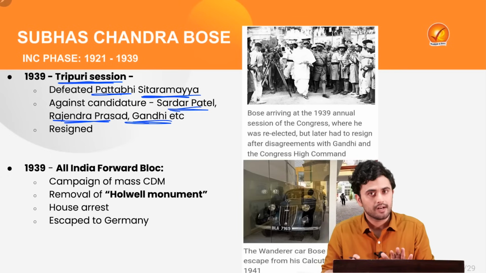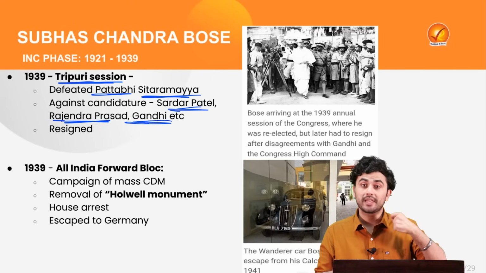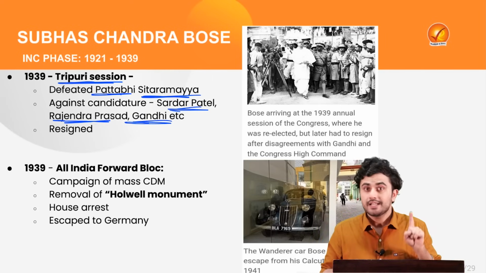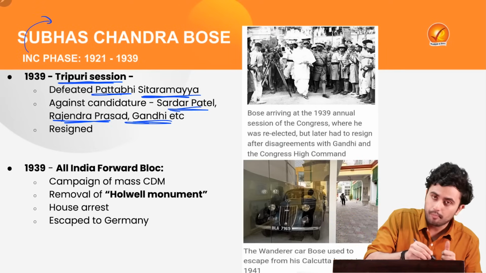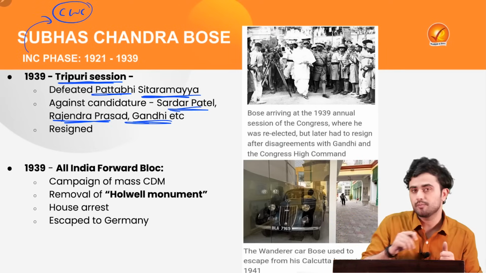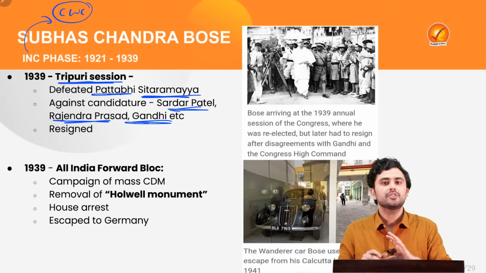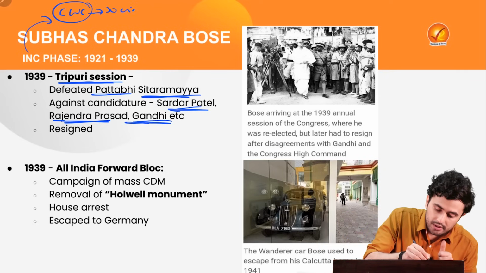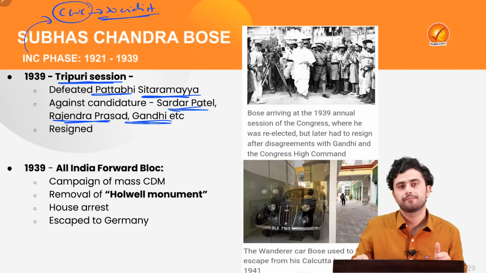The reason for that was that when someone became the president of Congress, he got important powers, such as being able to appoint the Congress Working Committee. Subhash Chandra Bose wanted this Congress Working Committee to follow socialist ideals.